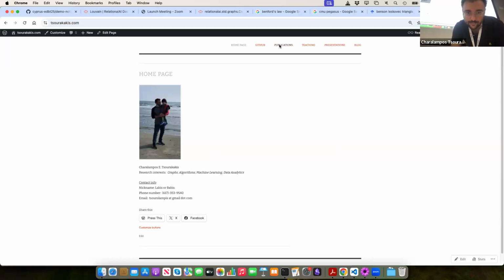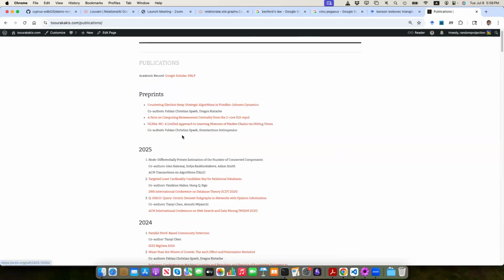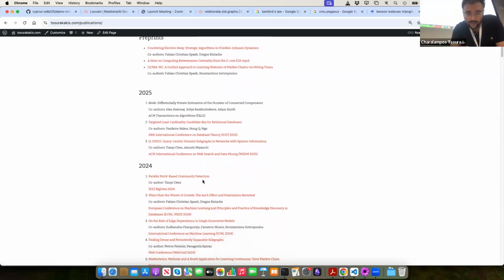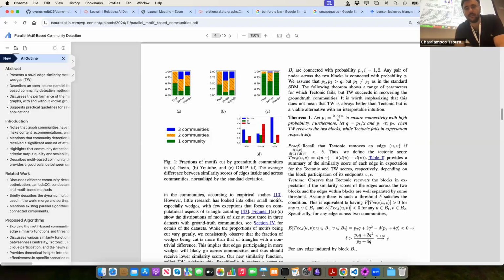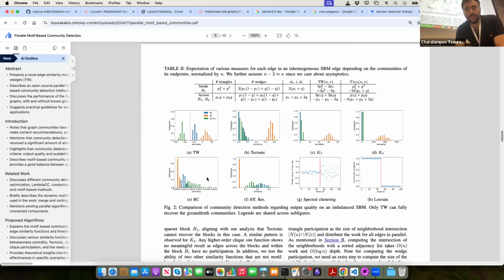If you go to my webpage and go right here, publications, and go to parallel motif-based community detection, this was something that we did in terms of parallelization of those things. So it's quite an important task. But this gets to be a bit more engineering, so I focus more on the theory side of things.